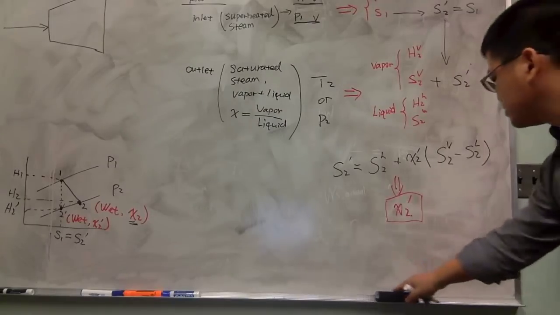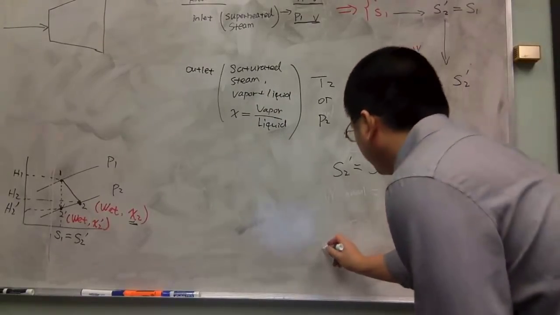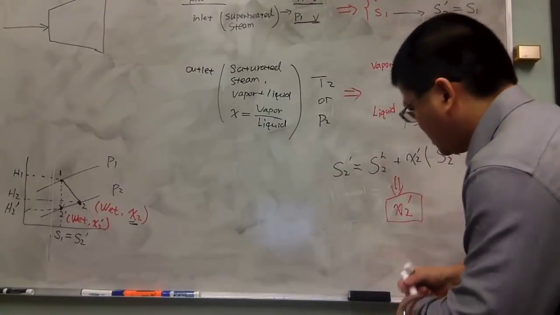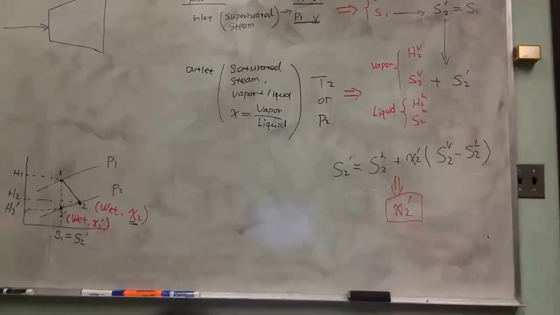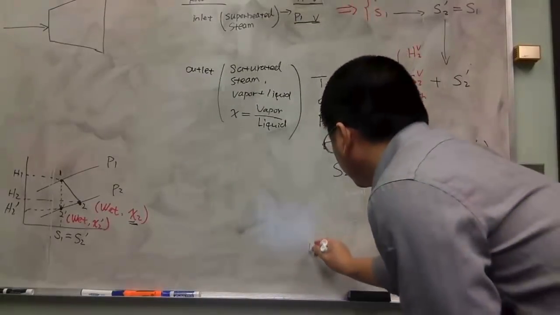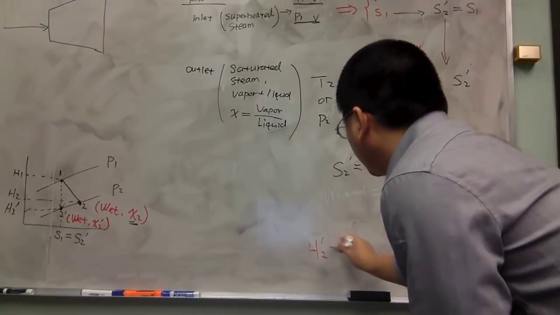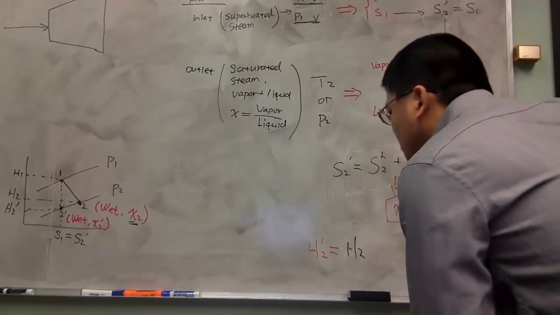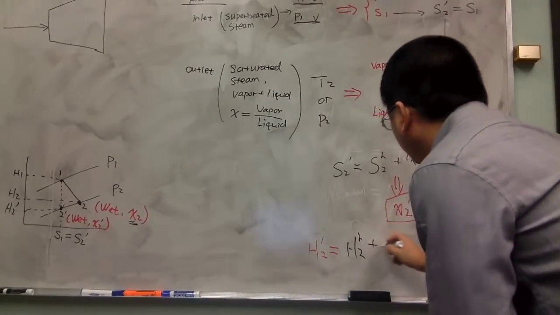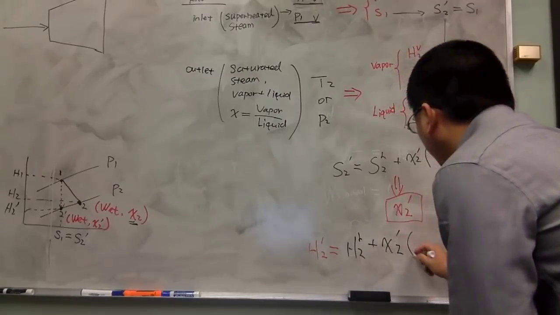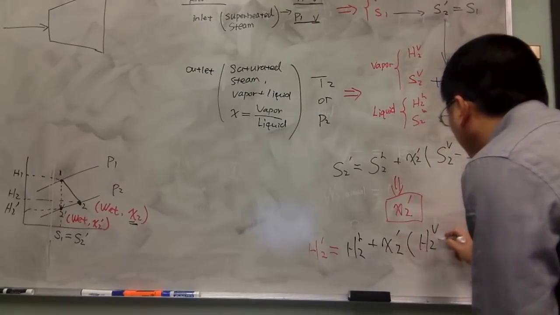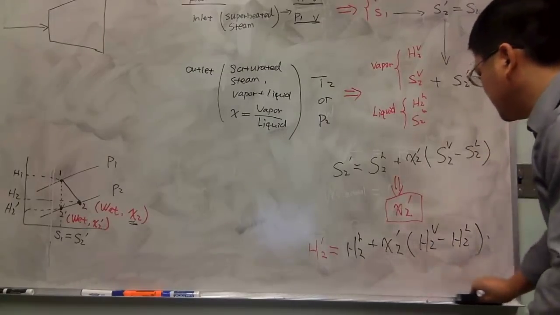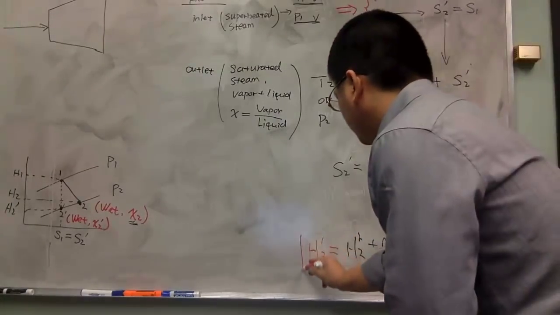And using this X2 prime, then I can solve H2 prime, yes, H2 liquid plus X2 prime times H2 vapor minus H2 liquid. So I have this solved.